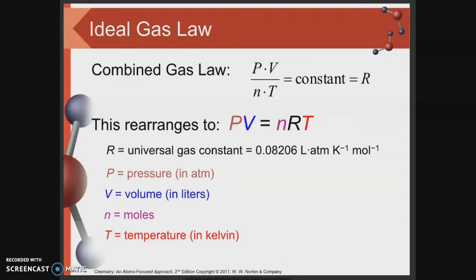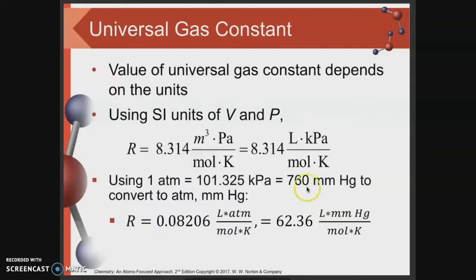Now let's talk a little bit about that universal gas constant R. There are a number of different versions of the universal gas constant. In the SI system, we see it used in this way, where we have pascals or kilopascals. The problem with these is that, again, pascals and kilopascals are ridiculously small units.